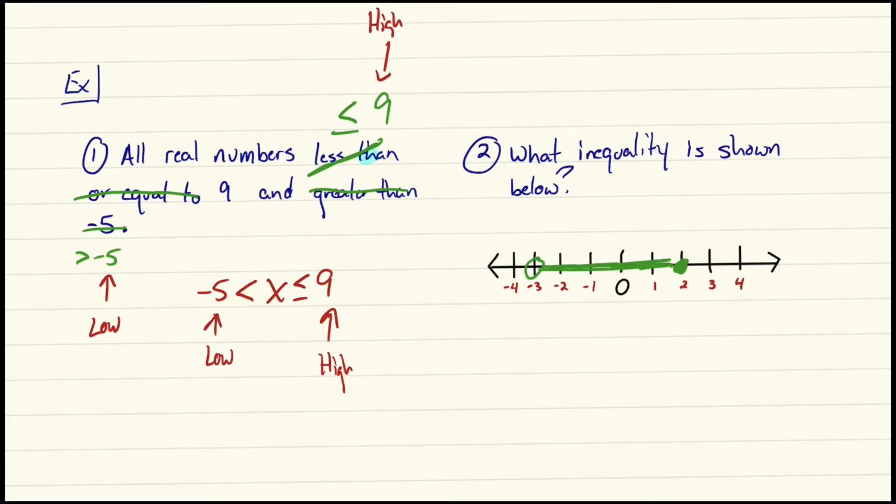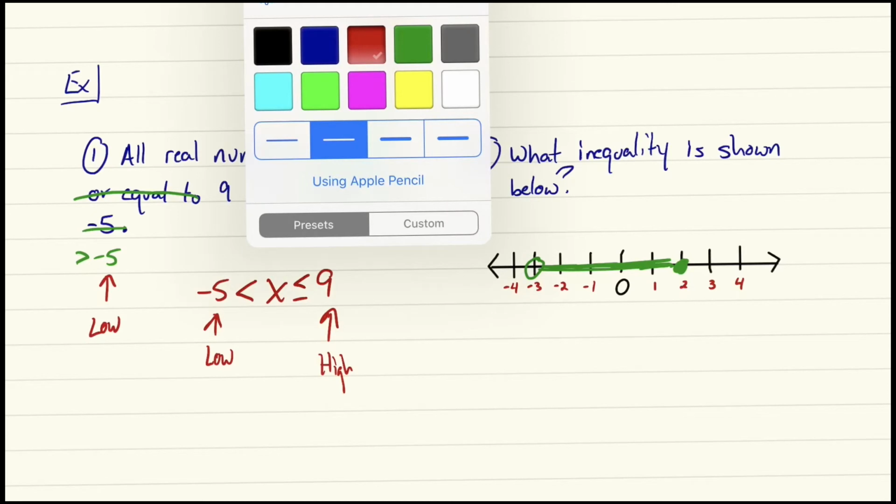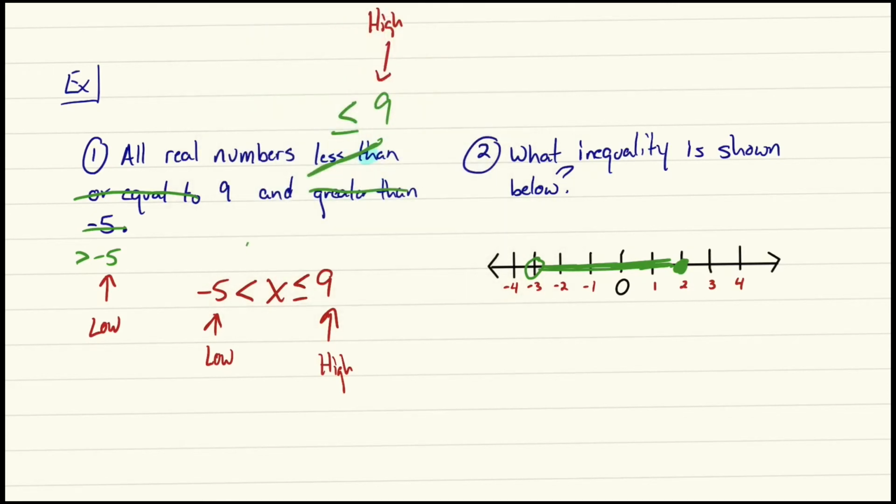Also, I would like to point out that we are always going to use either a less than symbol or a less than or equal to symbol when writing compound inequalities. I know that's weird, but the reason behind it is that we could say x is less than 9, x is greater than -5. Remember, sometimes if we want to flip around inequalities like flipping a pancake, we could rewrite x is greater than -5 as -5 is less than x.